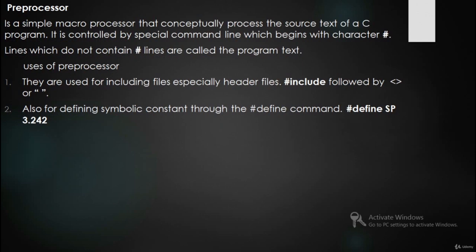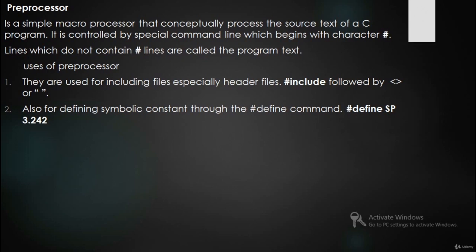Now, what is a preprocessor? A preprocessor is a simple macro processor that conceptually processes the source text of a C program. It is controlled by a special command line which begins with the character hash.